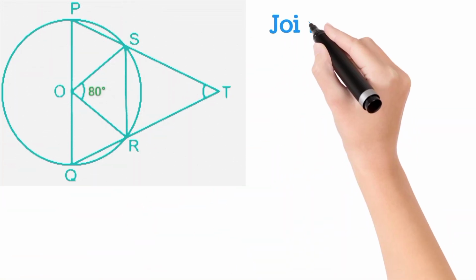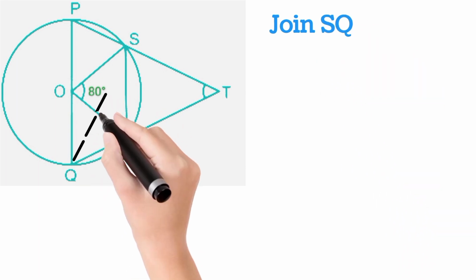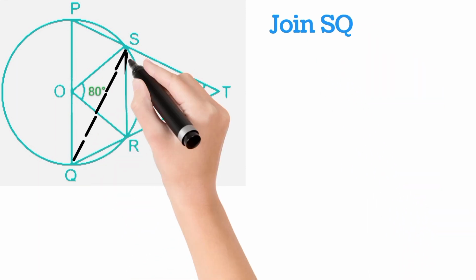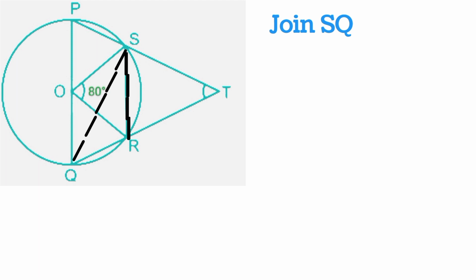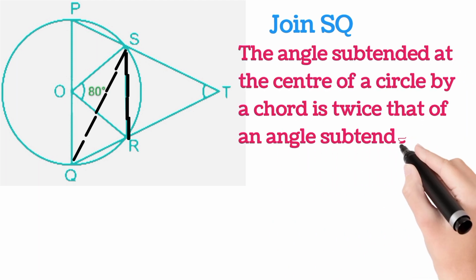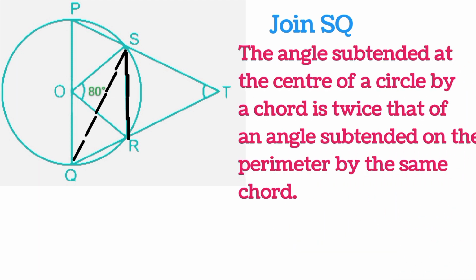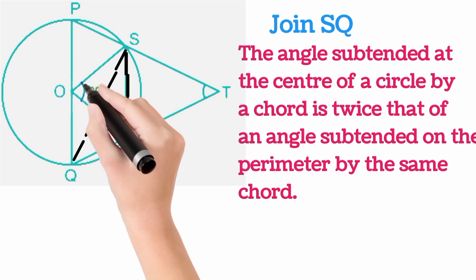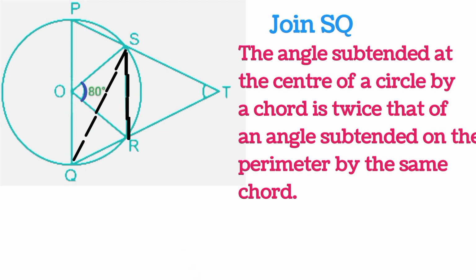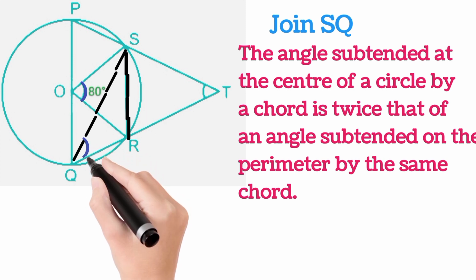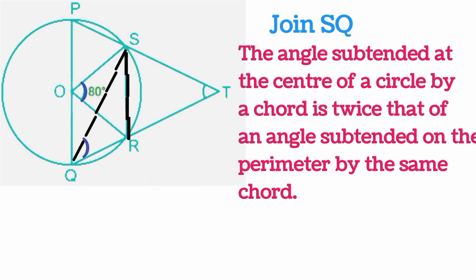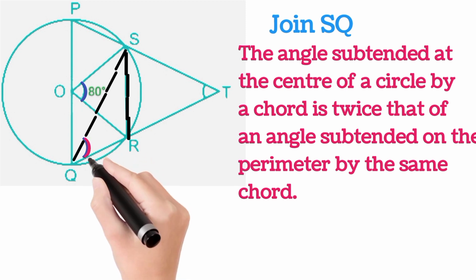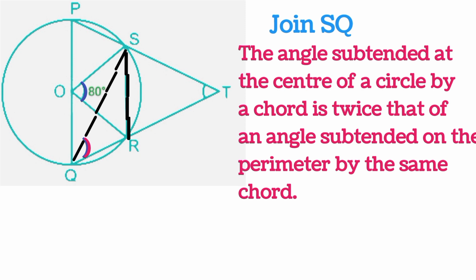Now in this figure we will join points S and Q. SR is a chord of the circle, and we know the angle subtended at the center of the circle by a chord is twice the angle subtended at the perimeter. So angle SOR will be twice angle SQR, or in other words, angle SQR is half of angle SOR.